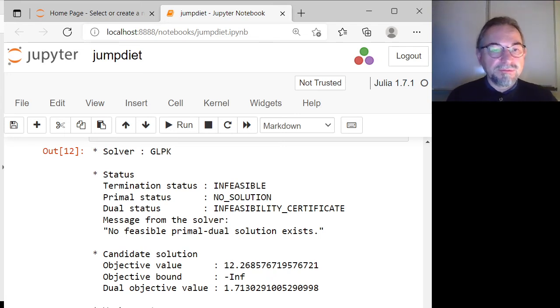Okay, so you can see that there is some terminology here that cannot yet be understood. So there is the dual, which I still need to explain. So in the case when there was a solution, the dual was equal. So minimizing cost is the same as maximizing profit in economic terms.